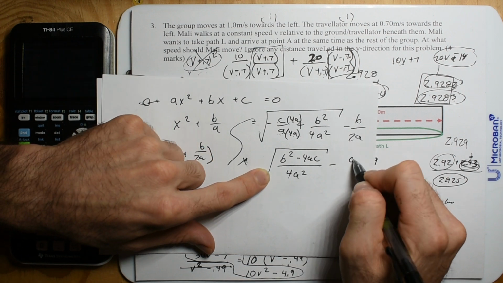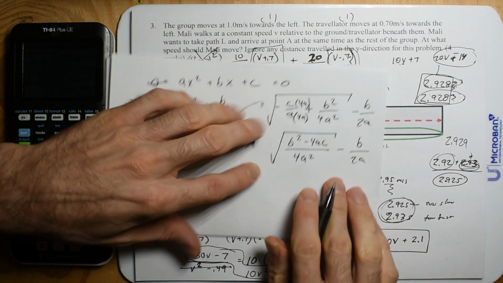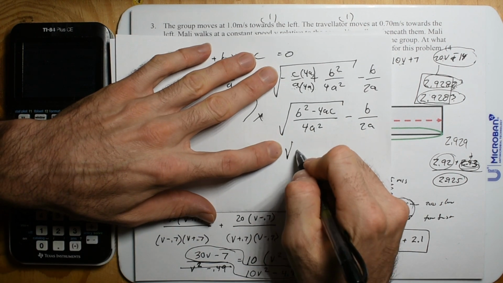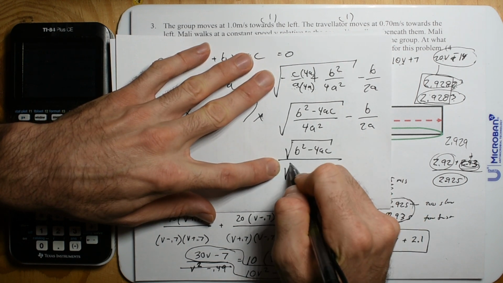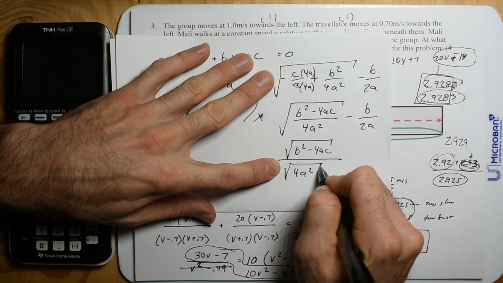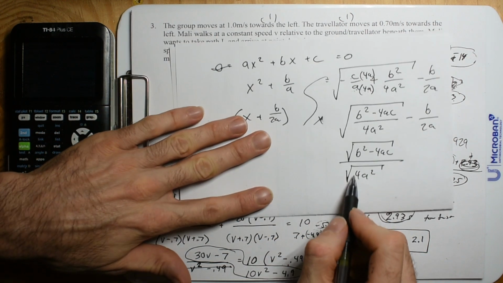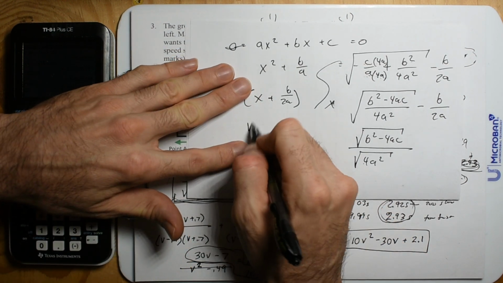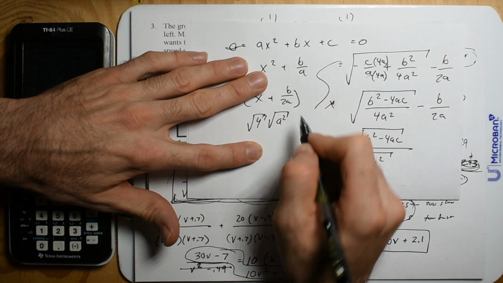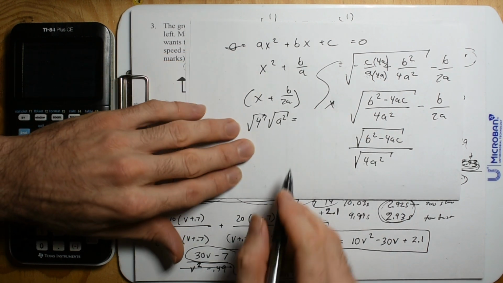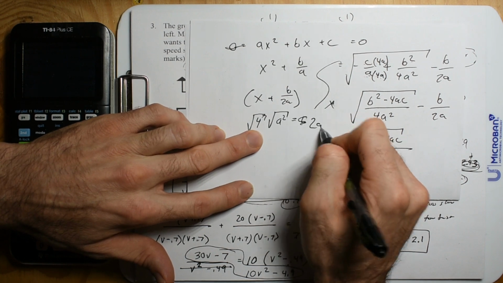But now when we minus b divided by 2a, and again, we're going to use that trick where we can take the top and then take the square root of the bottom. And when we do this, we're going to also use that kind of product rule where we can take the square root of 4, the square root of a squared. Okay, hell yeah. And each of these is going to be 2a.